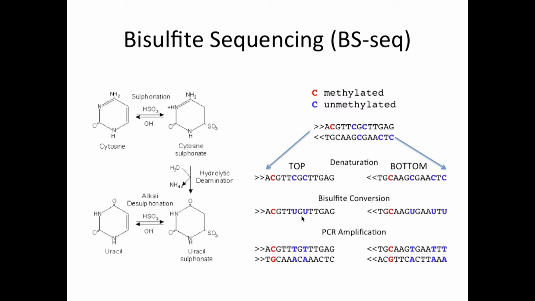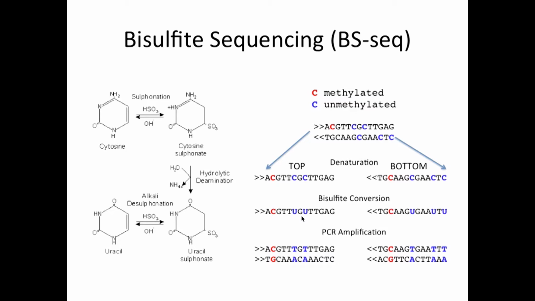And we want something that's very sensitive to finding levels of methylation at specific CpG sites, so we can identify the specific frequency of methylated cytosines at a single CpG site.